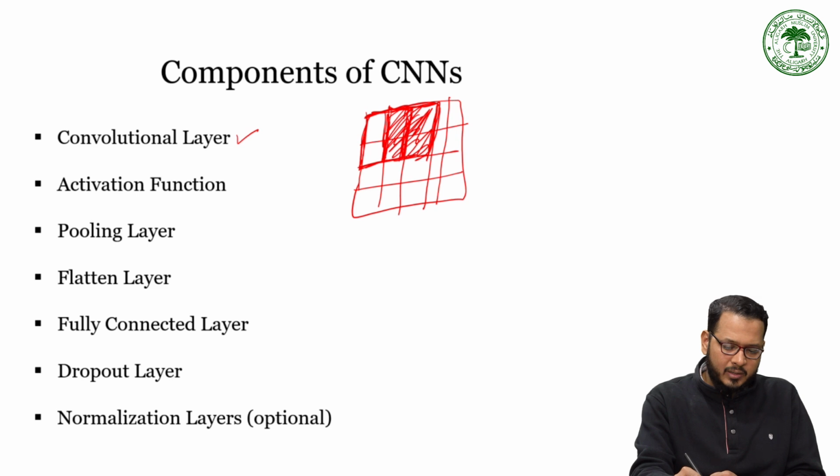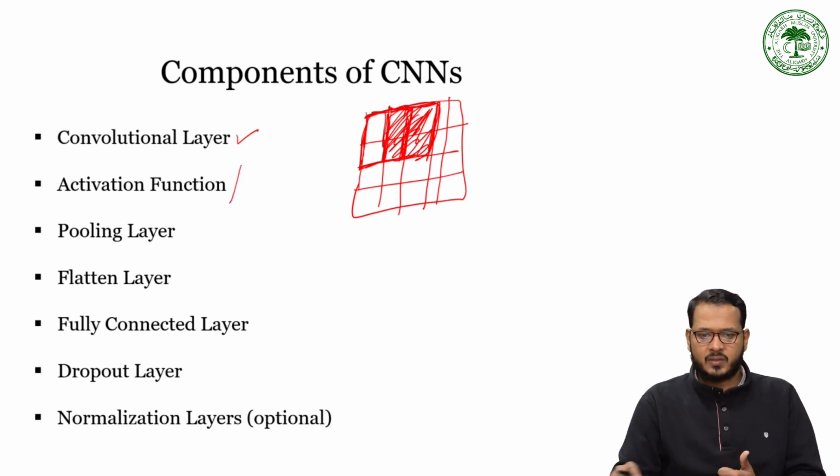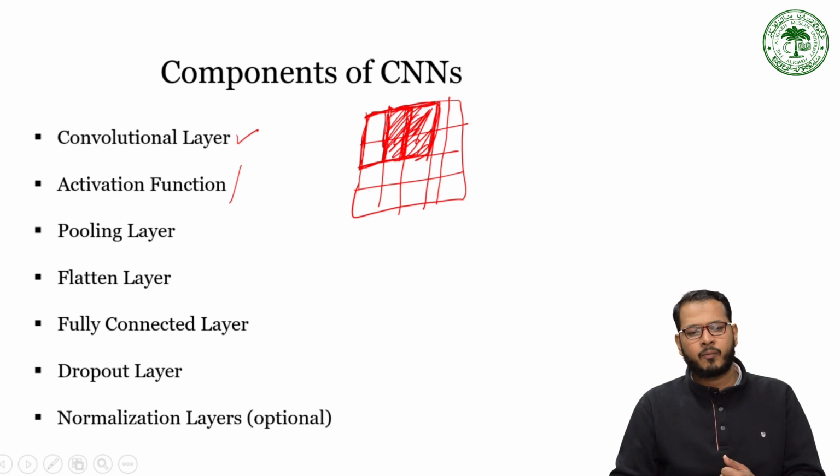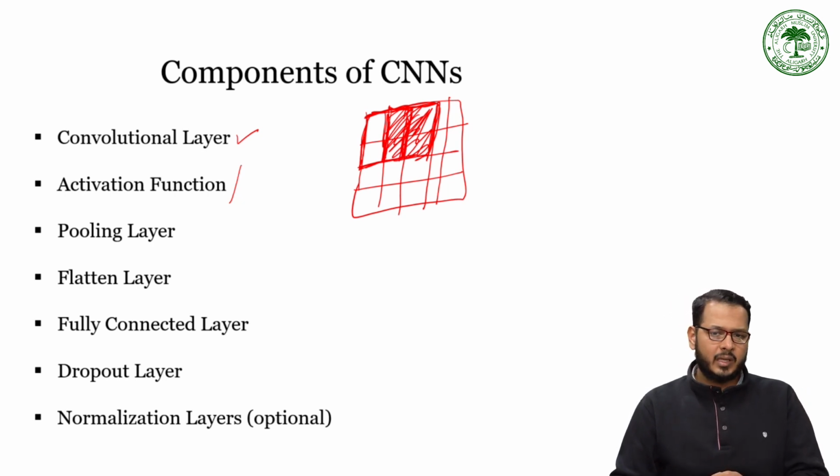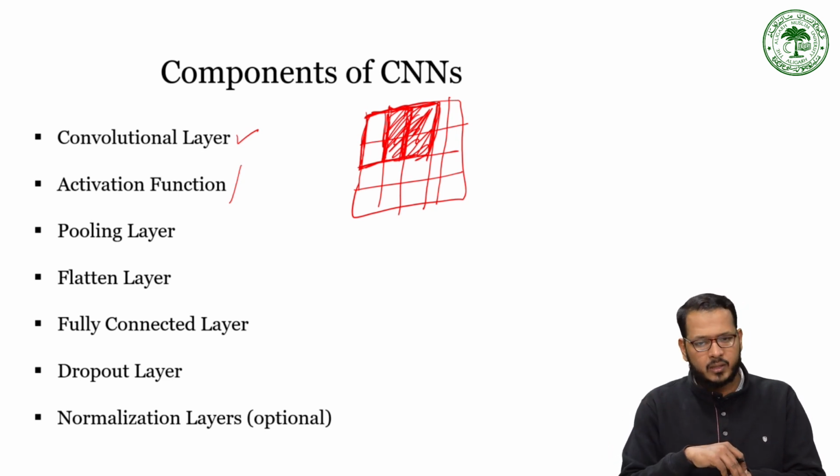Another important point in the case of CNN is the type of activation functions which are used. As I told you earlier, in the era of deep learning, we have new activation functions also. So once a filter is applied to the input image, an activation function is typically applied to introduce non-linearity into the model.